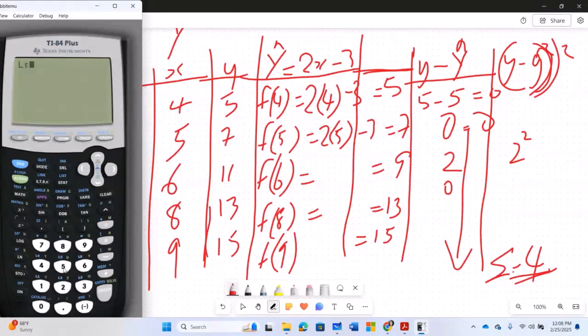How do we find the sum? Second catalog, looking for sum, to sum what I have in L5.